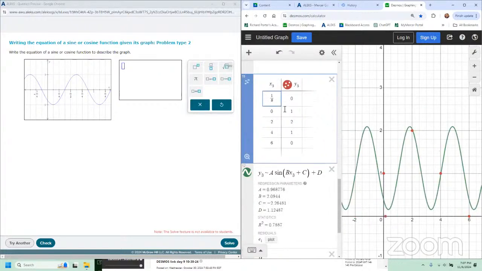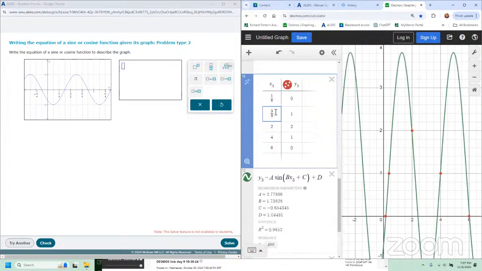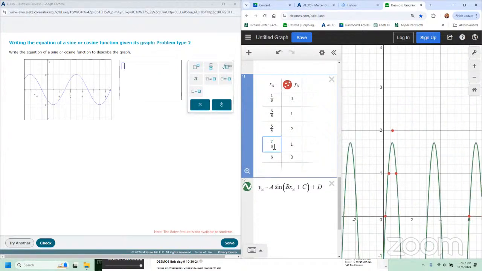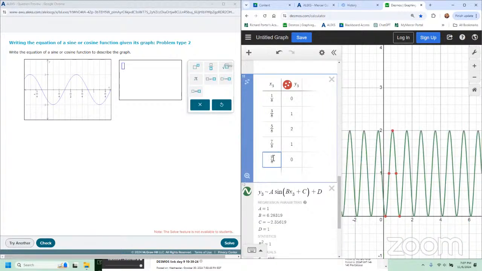So it's 1/8. It looks like 3/8. It looks like 5/8. And then 7/8 and 9/8. And at 1/8, the answer is -1.